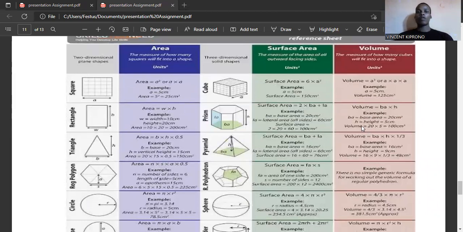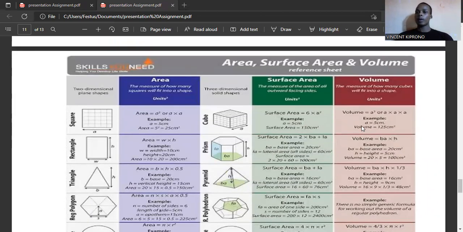Okay, we have also the volume of a cube. Let's say, for example, we have a cube, all sides are equal. So we have a length, width and height.